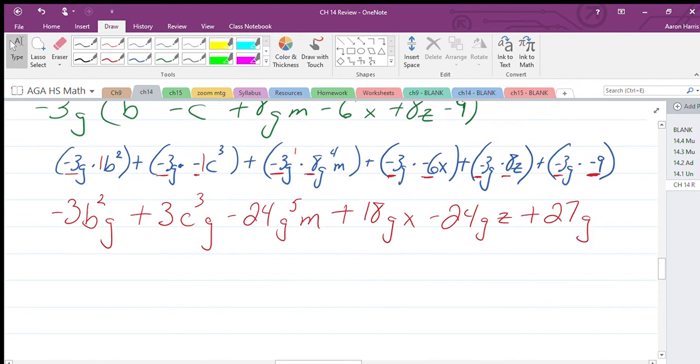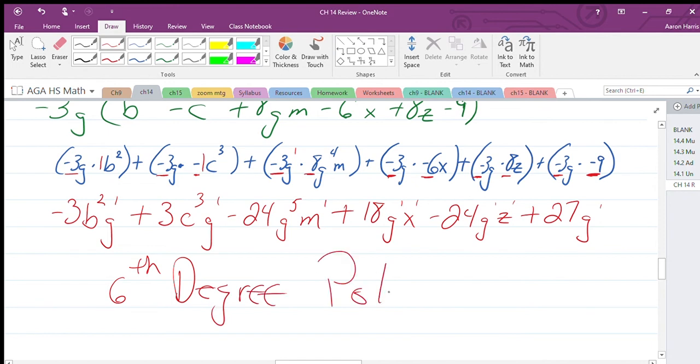And I know that the highest one, here's 1, 2 and 1, that's 3. Here's 3 and 1, that's 4. Here's 5 and 1, that's 6. Here's 1 and 1, and here's 1. So 6. So I have a 6th degree what? It's more than 3 terms, so polynomial. Okay?